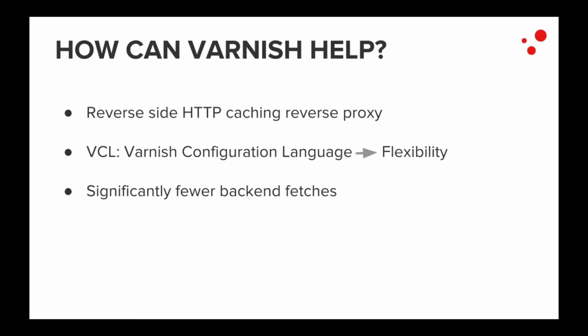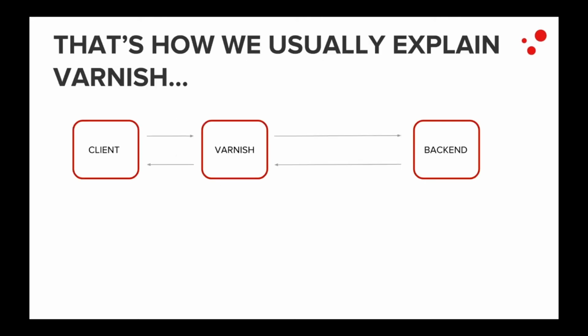That's one of the most powerful tools we have in VCL because it basically allows you to achieve anything you want. It gives you a lot of flexibility, and at the same time, Varnish also significantly reduces the strain on your backends.